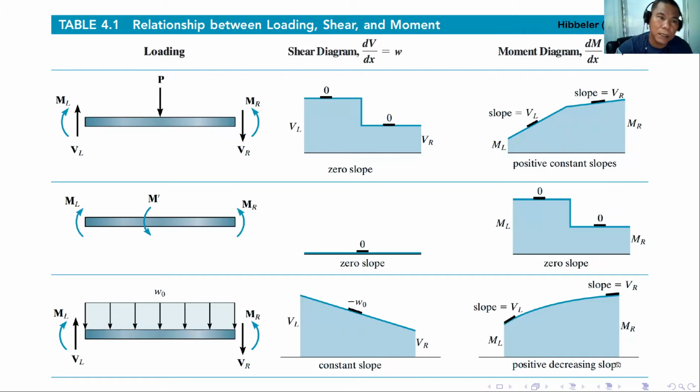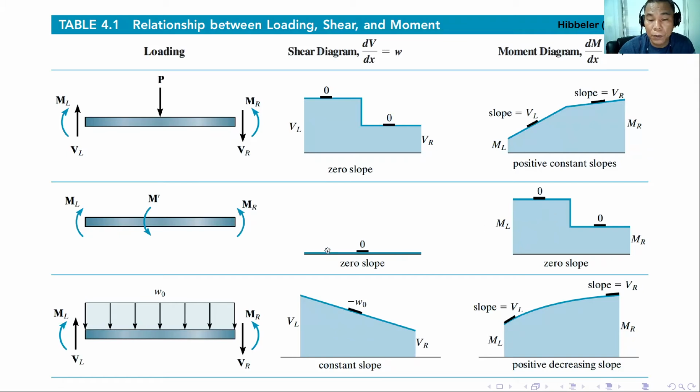So look at this table. If you have a concentrated load, the slope of the shear should be zero, and then for the moment diagram, the slope should be equal to the shear. For the beam with the couple M prime applied, there is no shear, so the slope is 0, and then the moment diagram has also a 0 slope.